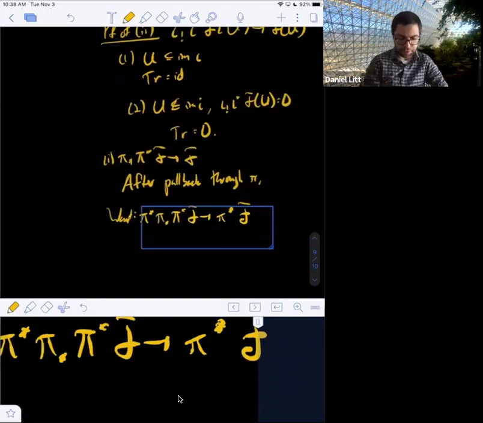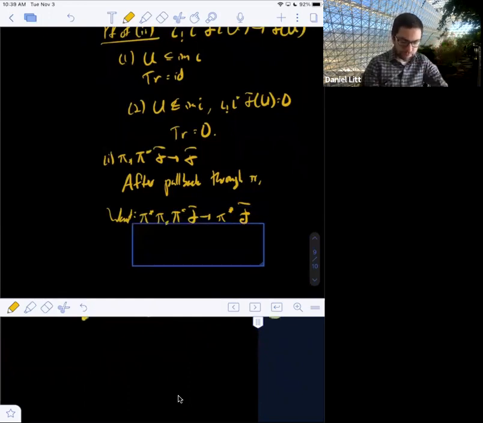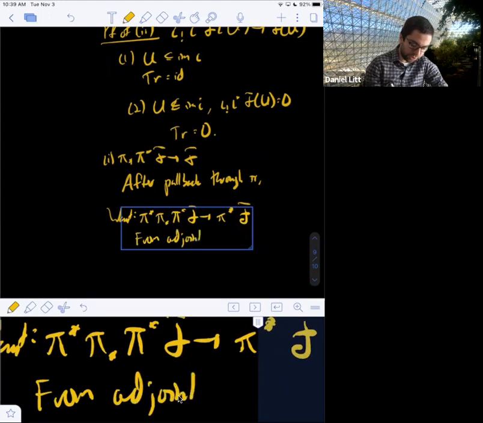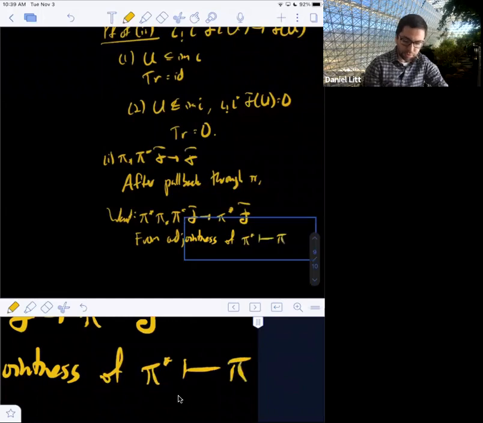So where does this come from? This comes from the usual adjointness of pi upper star and pi lower star.